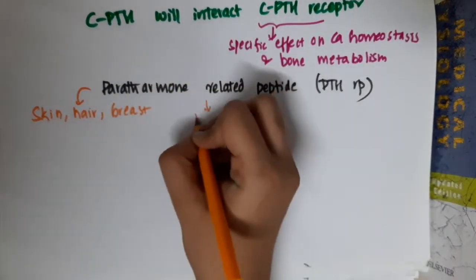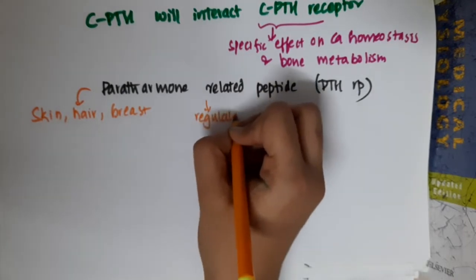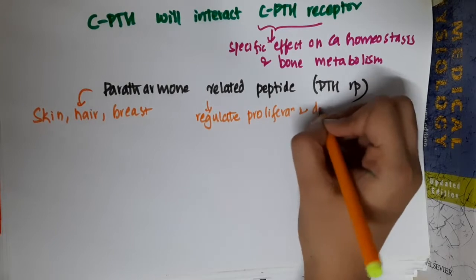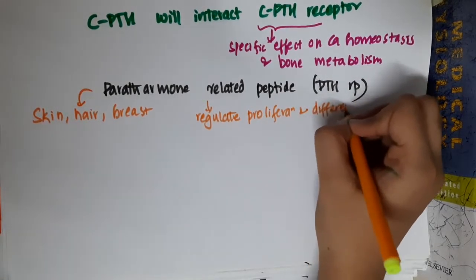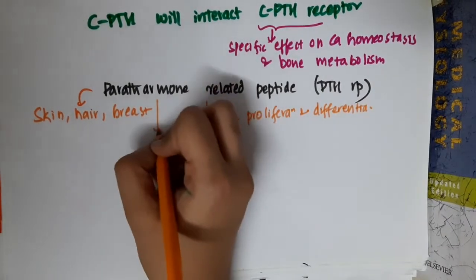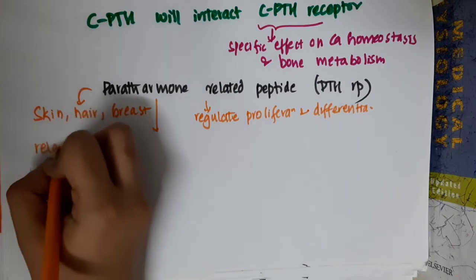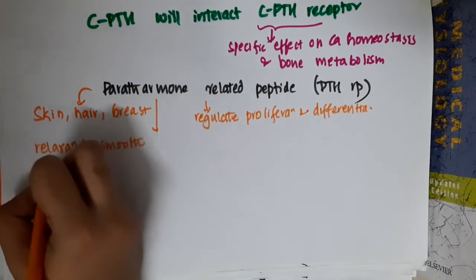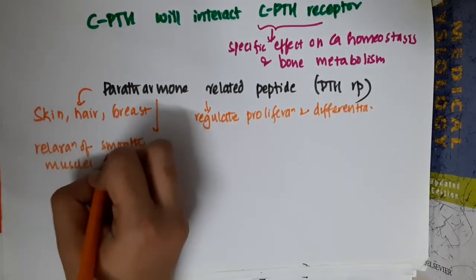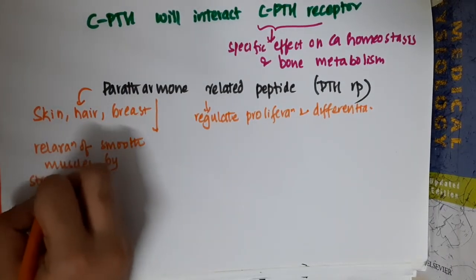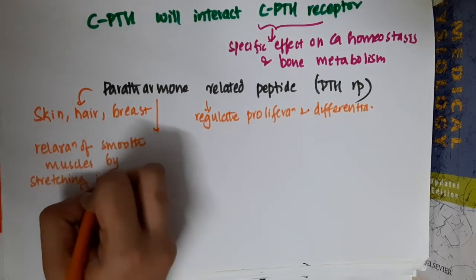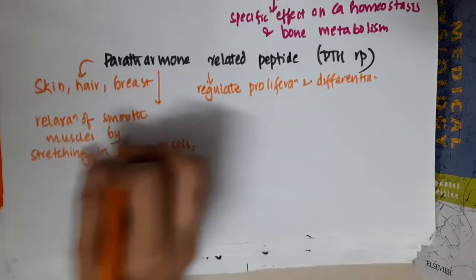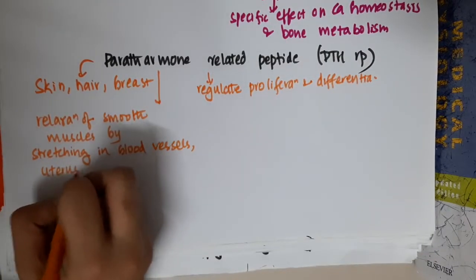Okay, and this will regulate proliferation and differentiation. This parathormone related peptide also plays a role in relaxation of smooth muscles. How does it relax the smooth muscles? It relaxes the smooth muscles by stretching in blood vessels. It also relaxes the smooth muscles by stretching the uterus, okay, and bladder.